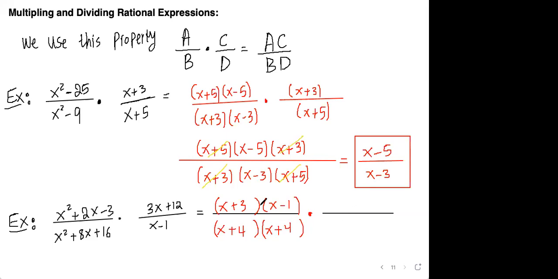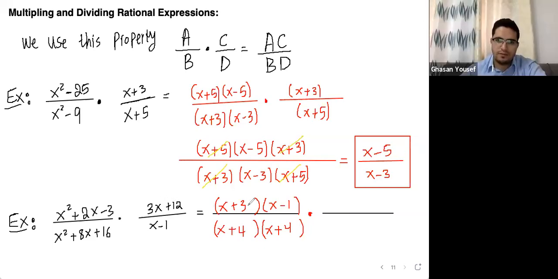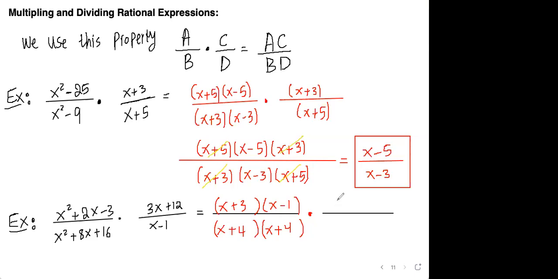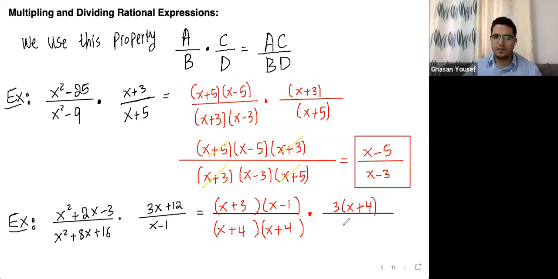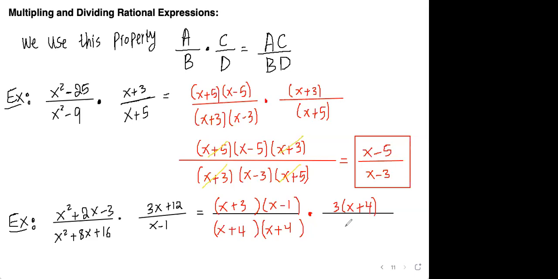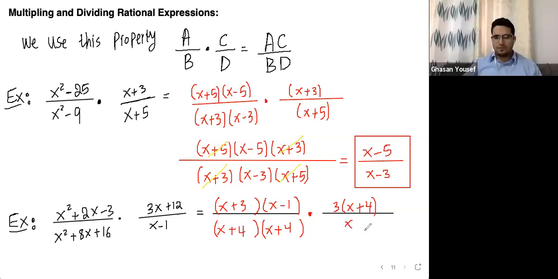Now what's the factoring of 3x plus 12? 3 times the parentheses x plus 4. This is correct. This is the common factor. And what's the factor for x minus 1? By itself, x minus 1.